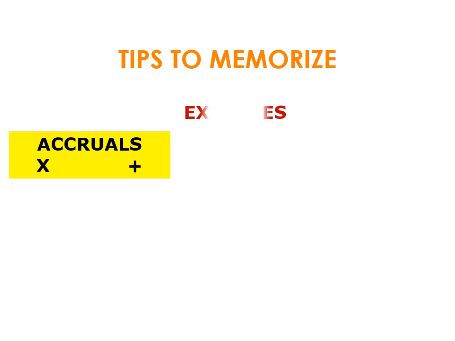So the accrued expenses must be recognized as current liability. It's logic. You have not paid your electricity or you have not paid your internet bills, so you owe somebody else.